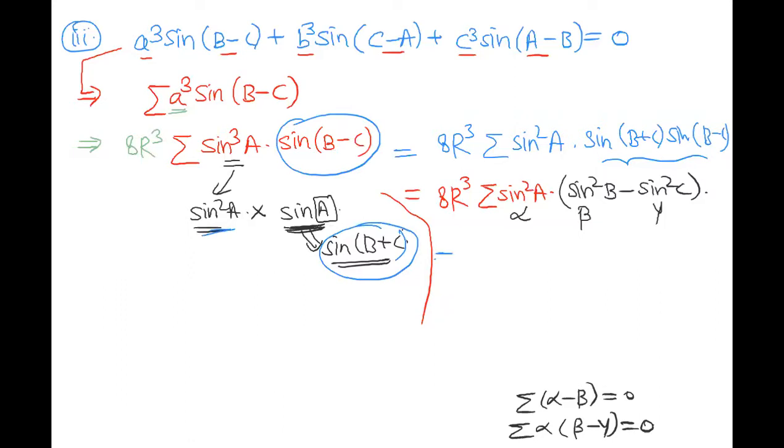That's why this is equal to 0 in cyclic order. Otherwise, if you want to simplify the next term also, that will give you the same type of thing. Here we have a cube, here we have b cube, so here it will be sine square b, and here it will be sine square a minus sine square b, and so on. Otherwise, this you remember. Correct, you can write the answer.